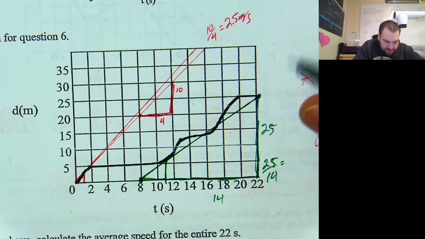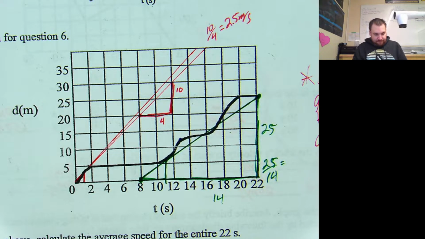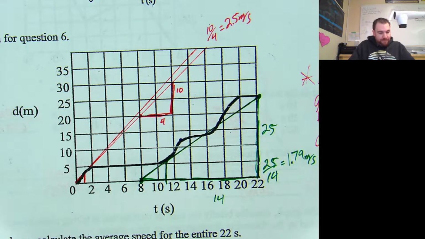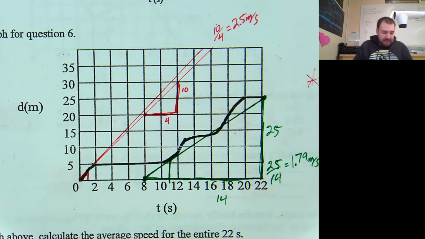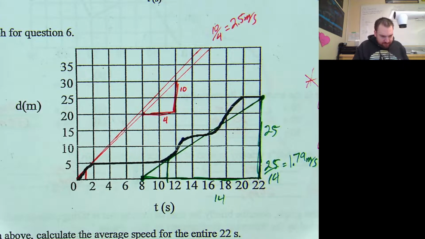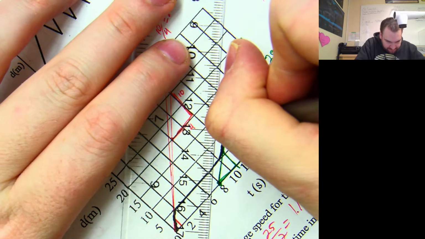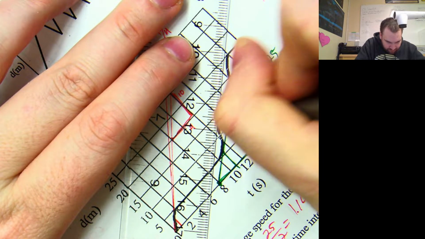What's 25 over 14? 1.79, we'll round that to. So that's my second one. And then the third one I gave you was 13 seconds. That's going to be right there. So the tangent line for 13 seconds looks something like that, maybe?